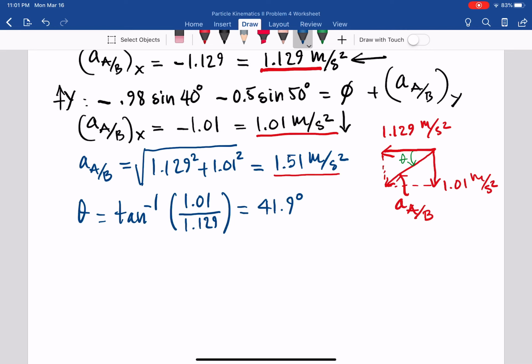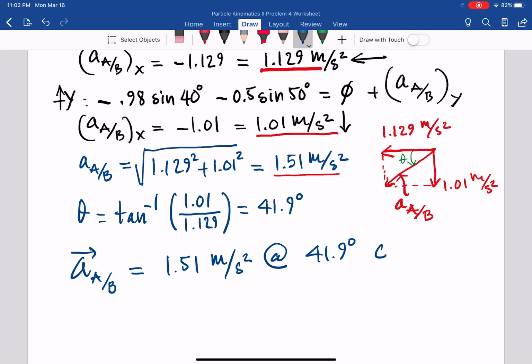Our answer in that case is that the relative acceleration of bicyclist A with respect to bicyclist B equals 1.51 meter per second squared at 41.9 degrees, in this case counterclockwise from the negative x-axis. So that is the answer.